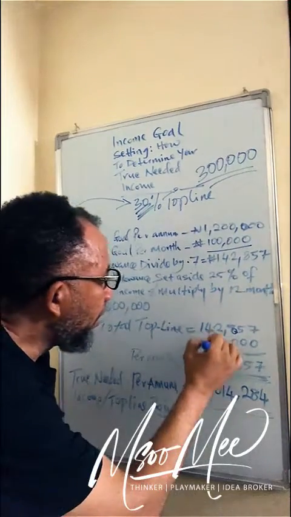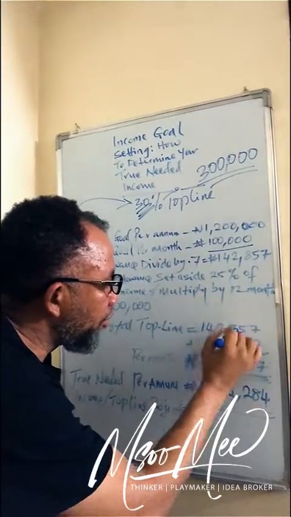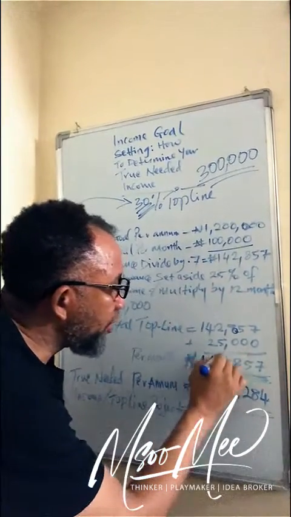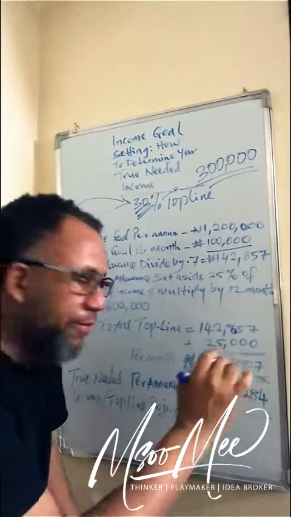So when you add the 25,000 naira to your 142,000 naira, you should arrive at 167,857 naira.